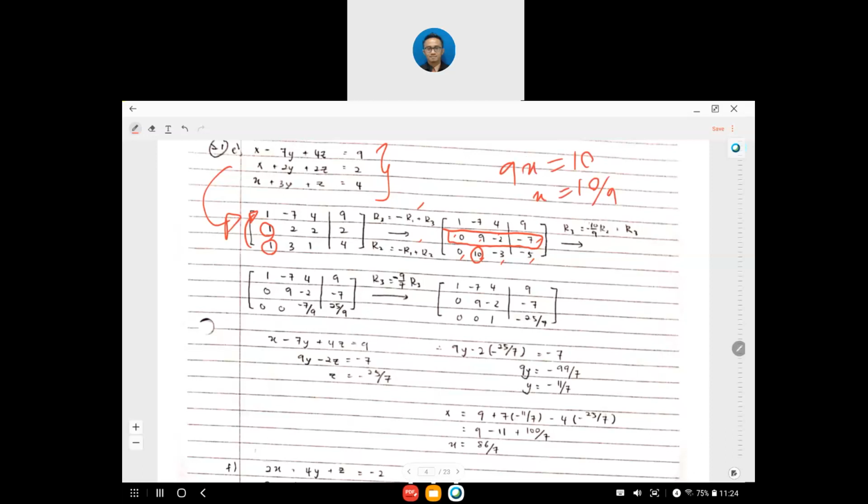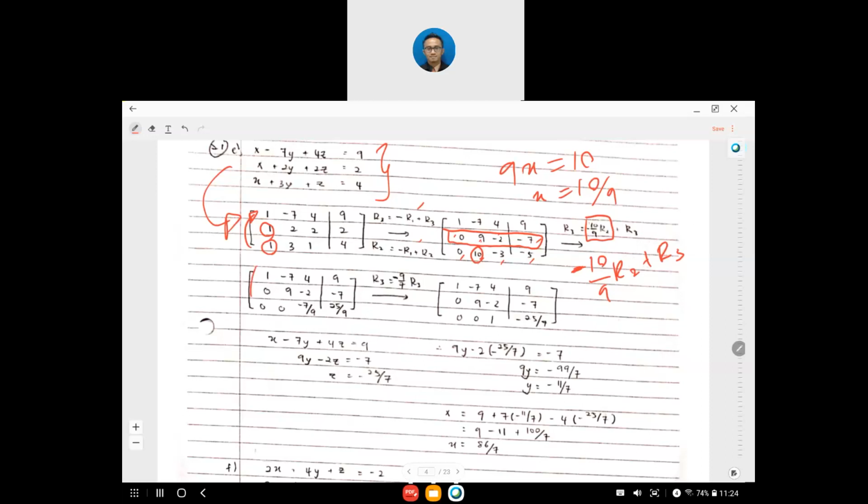That's why you times by -10 over 9 R2 plus R3. Why do we put negative here? Because both symbols are equal, so you must put negative. If it is not an equal symbol, you put positive. If the symbols are equal, whether positive-positive or negative-negative, there must be a negative. So -10 over 9 R2 plus R3.